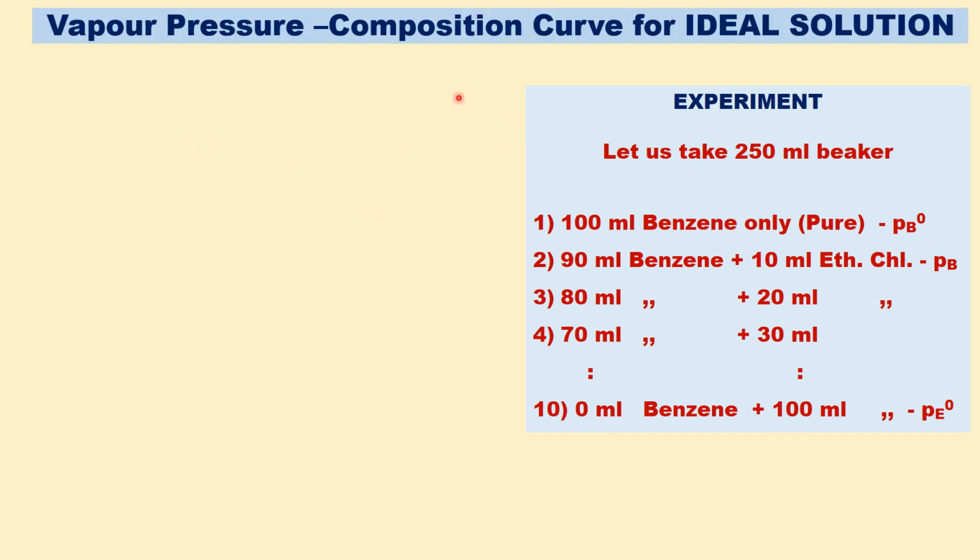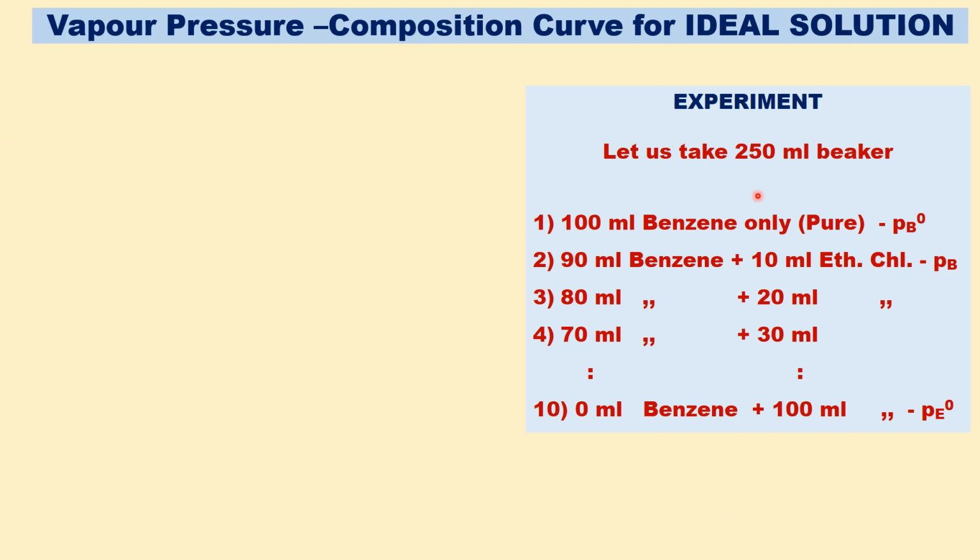Let us now construct the vapor pressure composition curve for an ideal solution. To construct this, let us consider two liquids A and B, benzene and ethylene chloride.